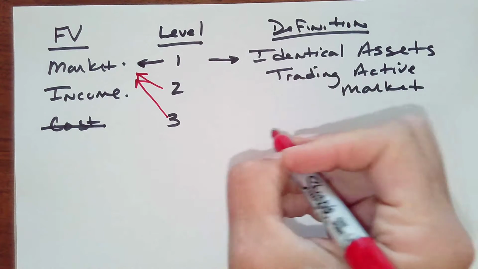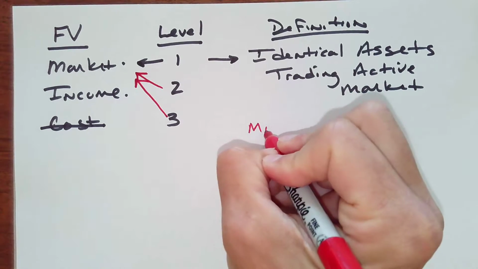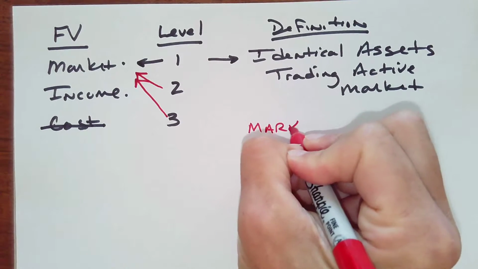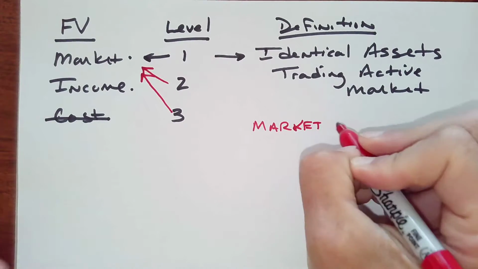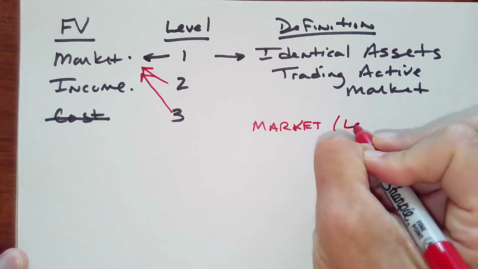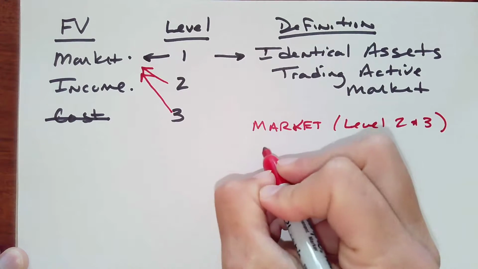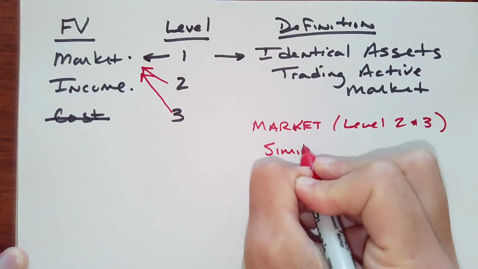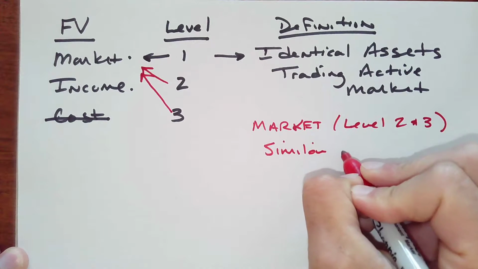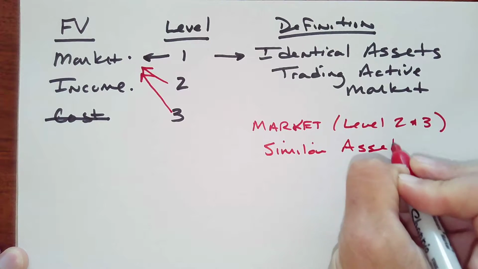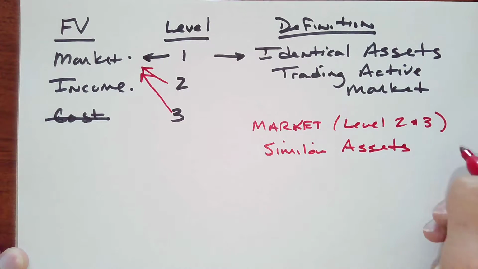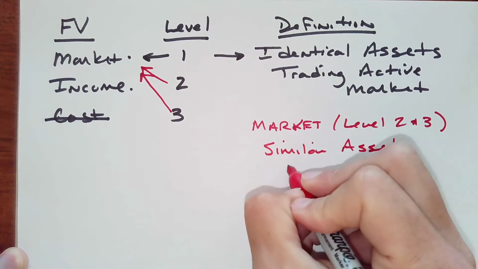Okay, so this is all market approach, level 2 and 3. This is similar assets that have a fair value.